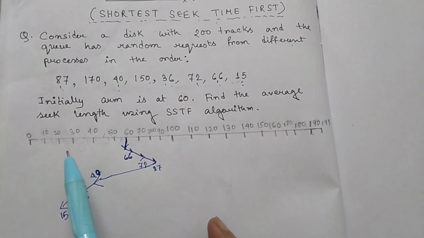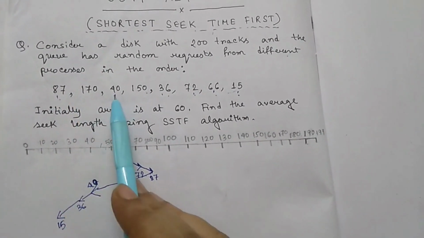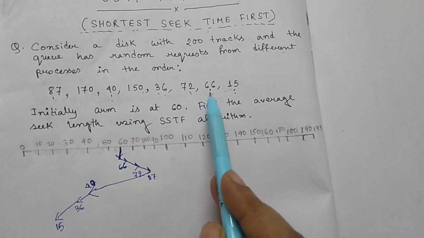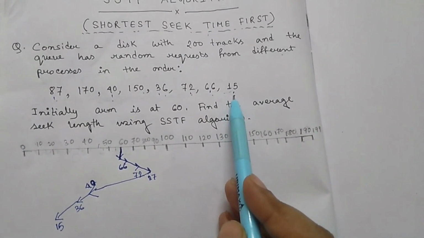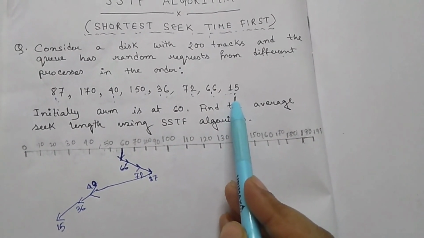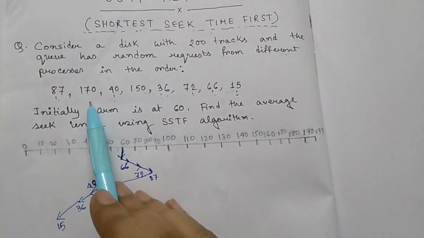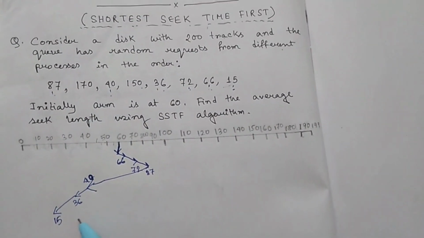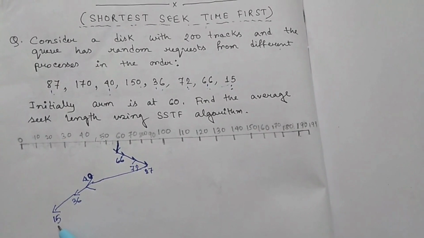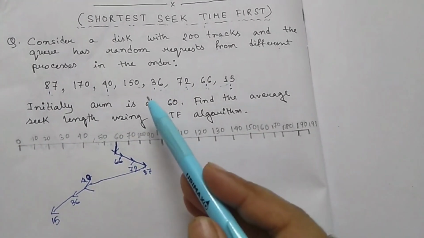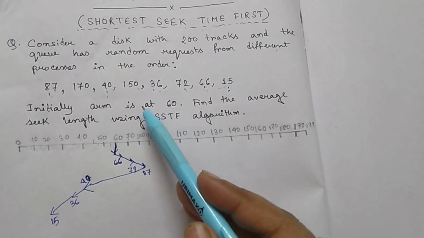So in this ready queue we see that 87, 40, 36, 72, 66 and 15 are already processed. Only 150 and 170 are remaining. So when we consider the value 15, in that case 150 is nearest.